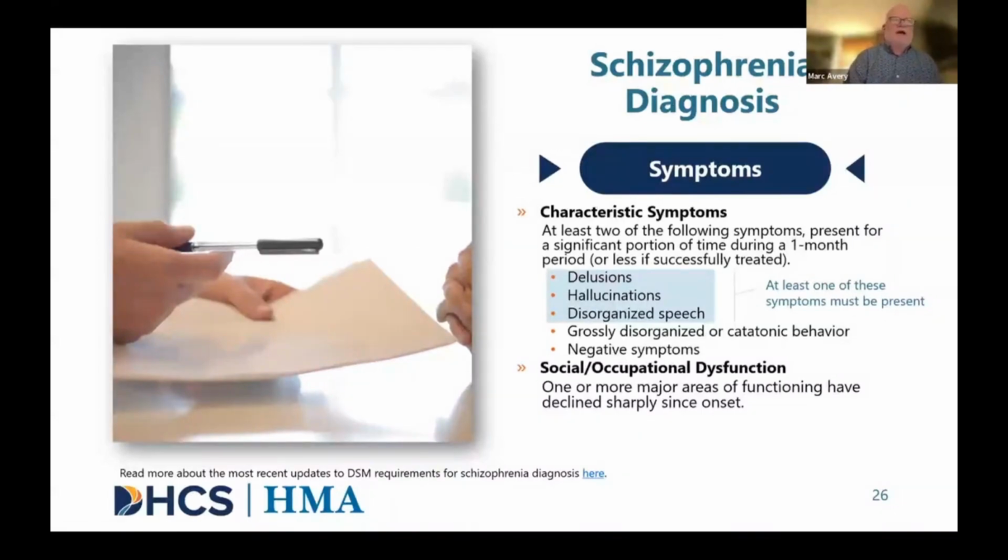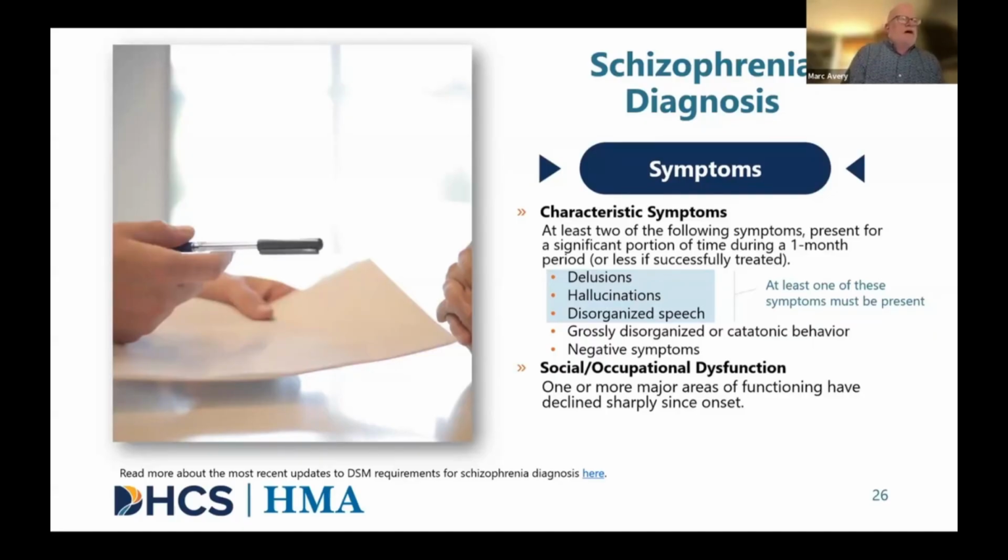Keep in mind that there's no actual blood test or brain scan that's used for diagnosing schizophrenia itself. Tests and other procedures like this are often ordered to rule out other conditions that might mimic the symptoms of schizophrenia, such as delirium due to infection or other medical causes.